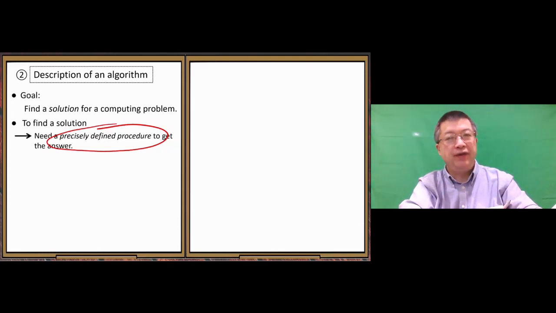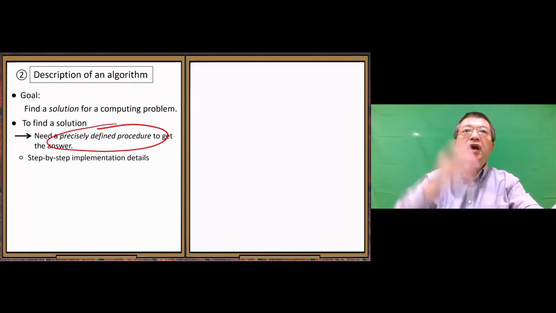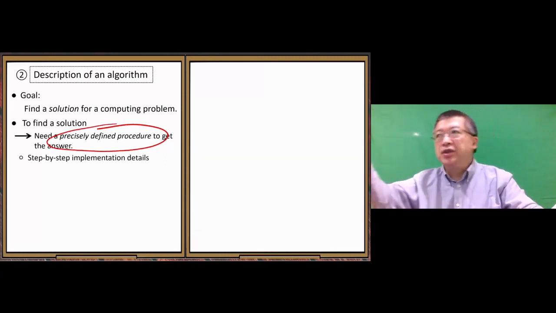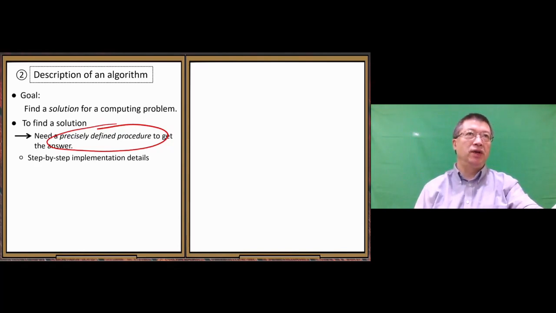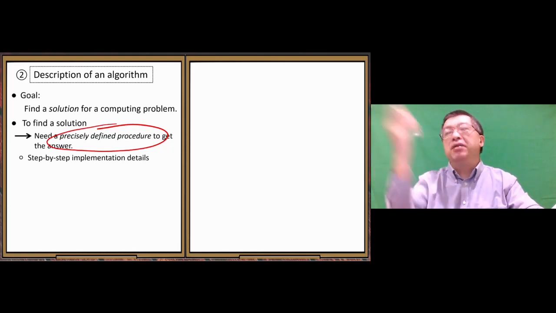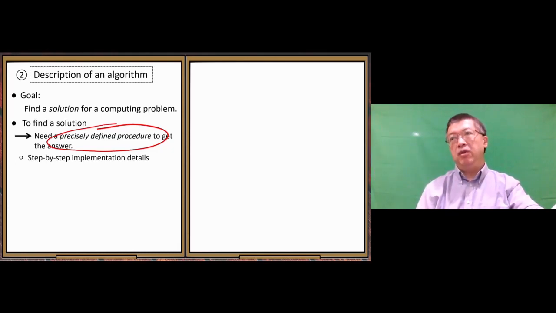What kind of details are in this procedure? First, we need to have step-by-step implementation details. But how to show it? How to display the detail information?